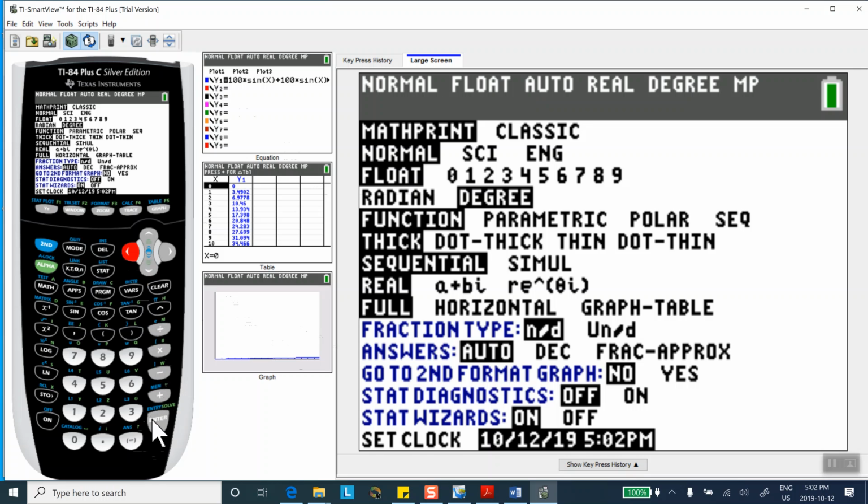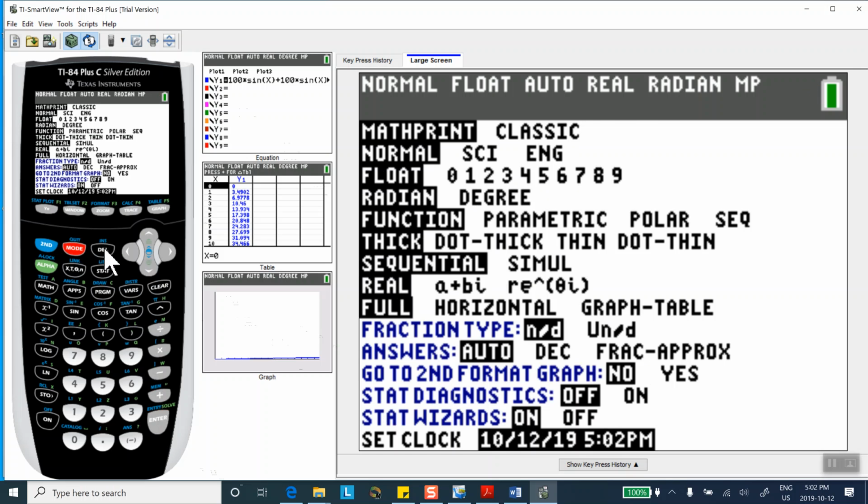This is because the formula S equals R times theta that we have used is only valid if theta is in radians. Now we enter. I'm done with this mode.